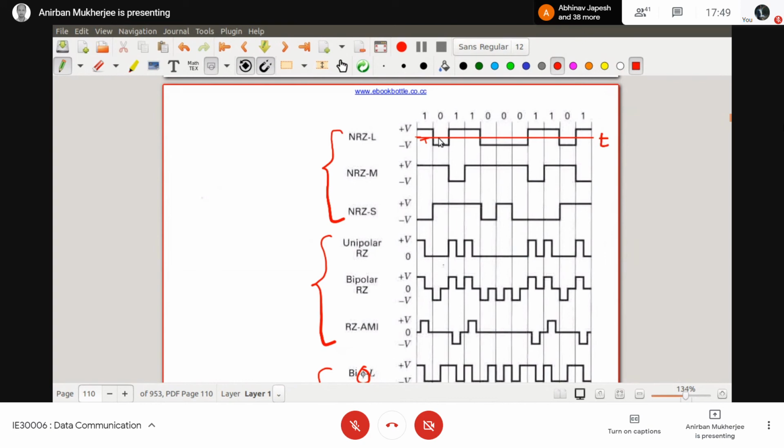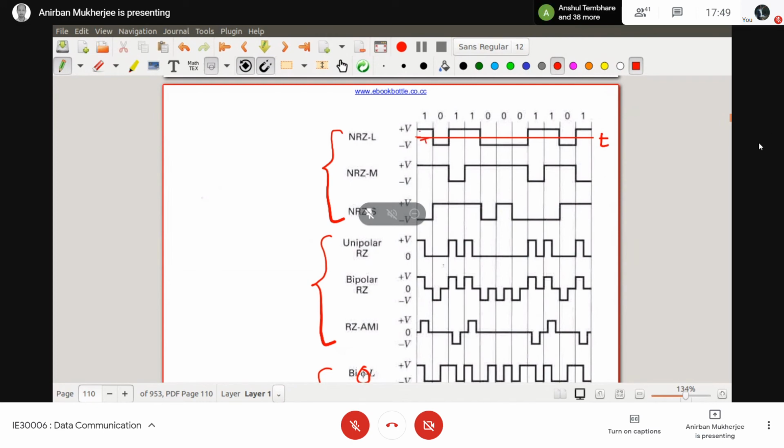That means when it is in a steady state, only during transition it may cross 0. But during the normal state, it will never go to 0. It will not return to 0.